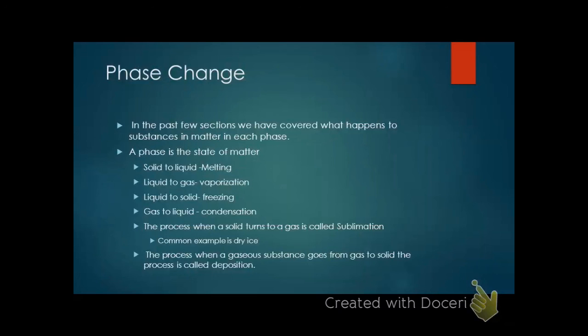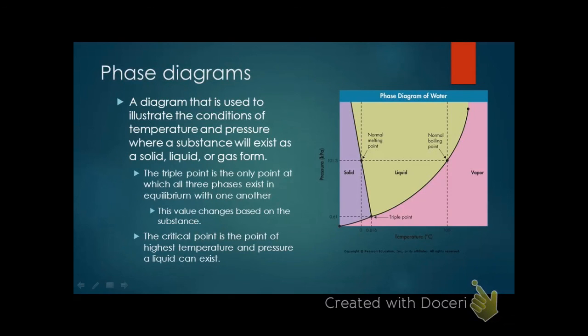I have yet to see this one other than in video form, but it's called deposition. So it's saying it deposits from a gas directly into a solid on a surface or a substance. So here we have our common and proper names for each of our phase changes. Now we'll utilize this as we look at our diagrams.